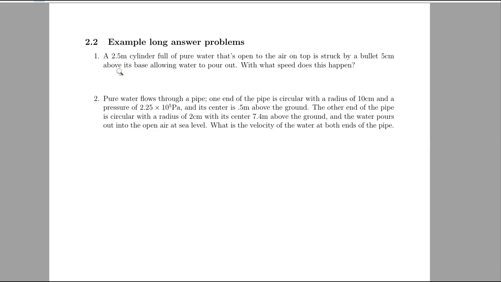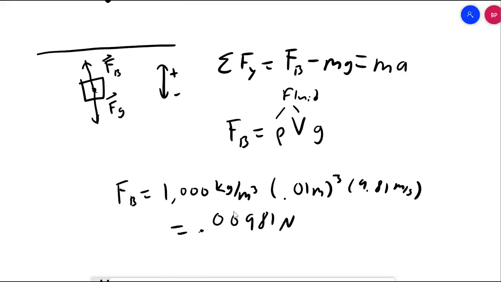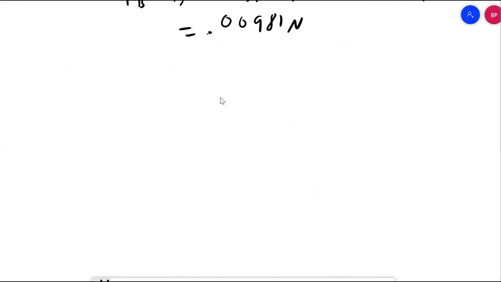A 2.5 meter cylinder full of pure water that's open to the air on top is struck by a bullet 5 centimeters above its base, allowing water to pour out. With what speed does this happen? All right. So we have some container of water.